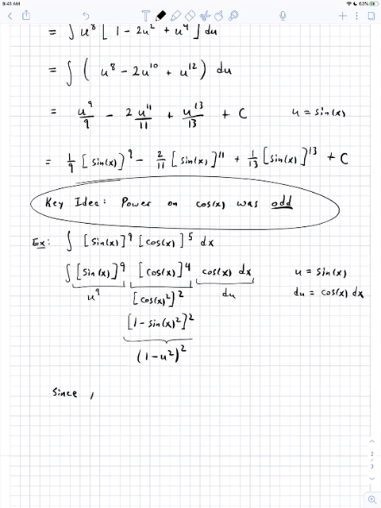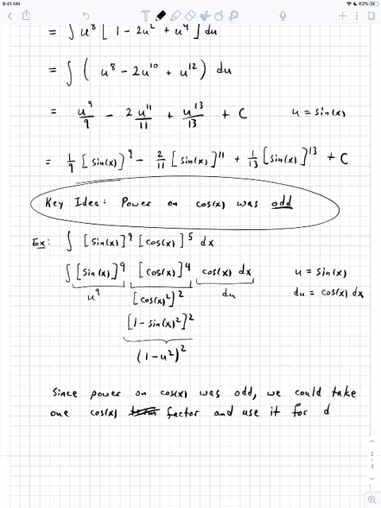Since the power on cosine of x was odd, we could take one cosine of x factor, and use it for the du.